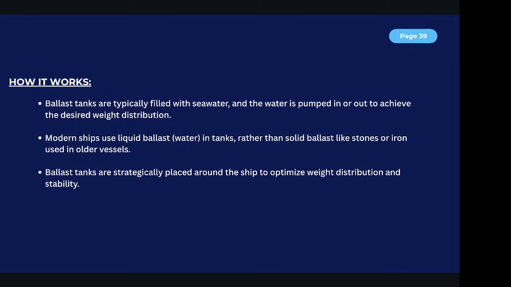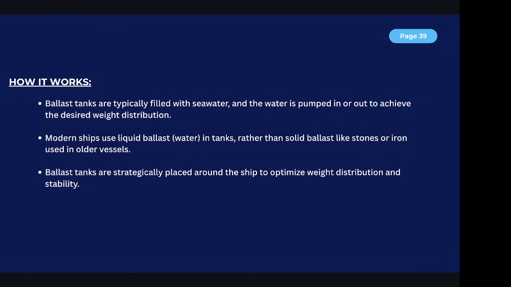The ballast tanks are typically filled with seawater, and the water is pumped in or out to achieve the desired weight distribution. So in modern ships, liquid ballast or water is used in the tanks, rather than the solid ballast like stones or iron used in older vessels.